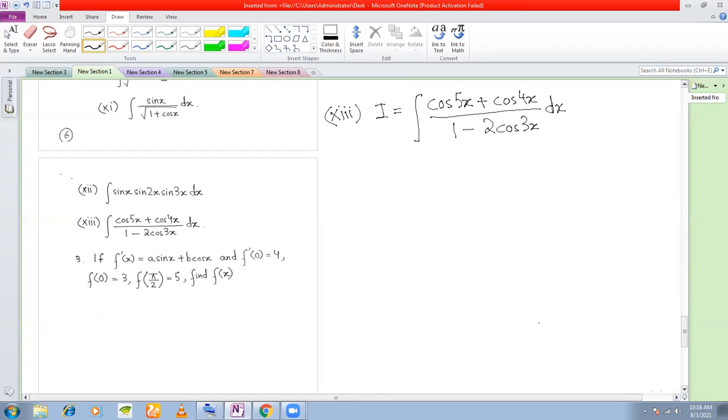But the problem here is that in the denominator, you have only one cos, which is cos 3x. So in order to adjust the denominator, you multiply the numerator and denominator by sine 3x. Why sine 3x? Because I see a cos 3x here. Sine 3x cos 3x will give me a multiple angle formula for sine 2A, isn't it?